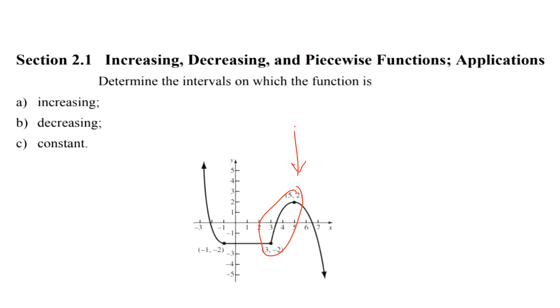It seems like I'm at 3, and then I walk, and I'm at 5. So I increase from 3 to 5. It went up here.